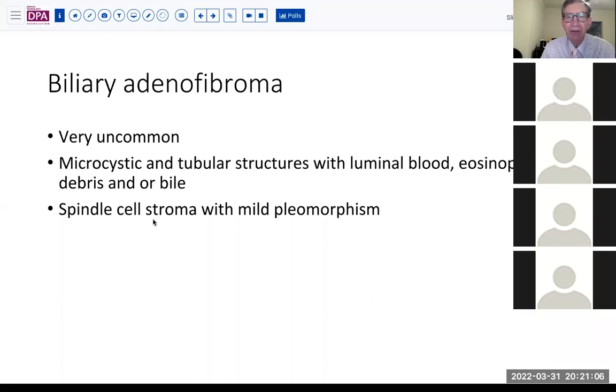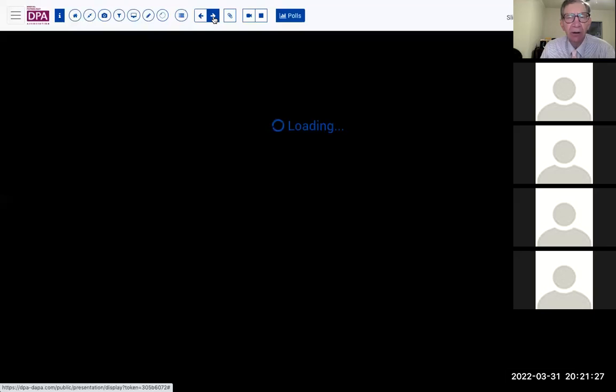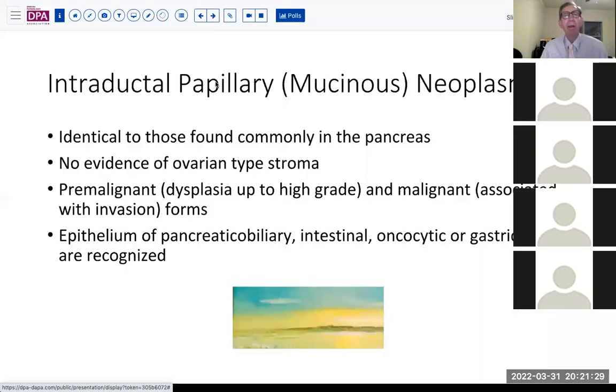They have the kind of features you think of with adenofibromas elsewhere. Some bile debris and so forth, a spindle-shaped stroma, relatively little pleomorphism, and a bit of a fronding architecture. Let's see if I've got one here. I don't think I do. Nope, I don't have one.